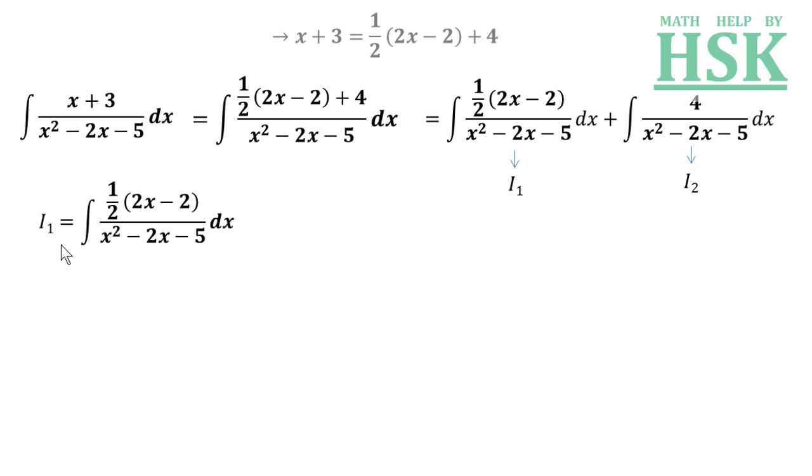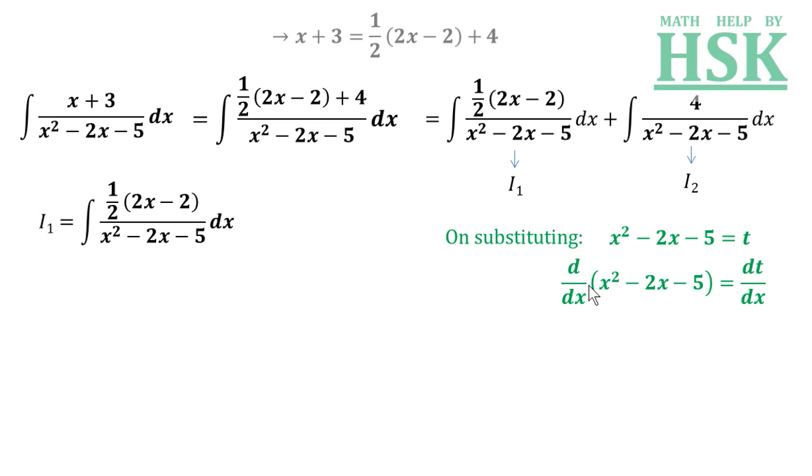Taking I1 is equal to 1 by 2 integral of 2x minus 2 upon x square minus 2x minus 5 dx. You can see here that on differentiating x square minus 2x minus 5, I get 2x minus 2. So substituting x square minus 2x minus 5 as equal to t and differentiating both sides with respect to x, I get 2x minus 2 dx as equal to dt.